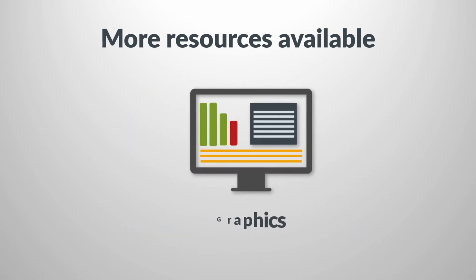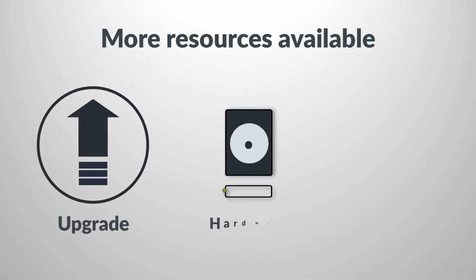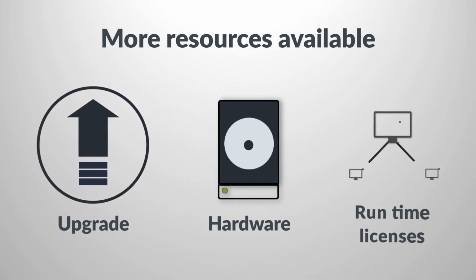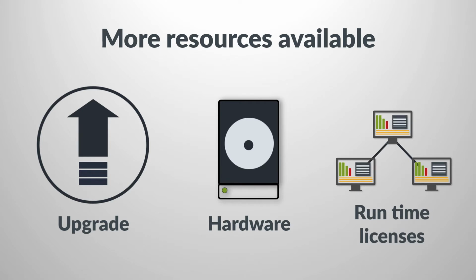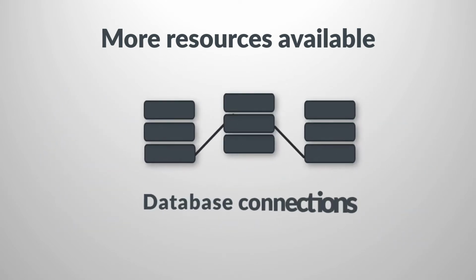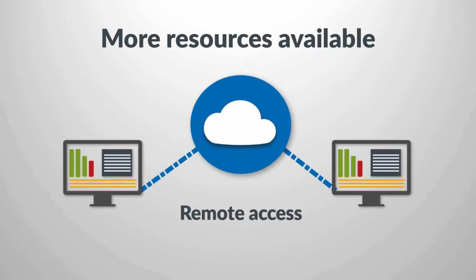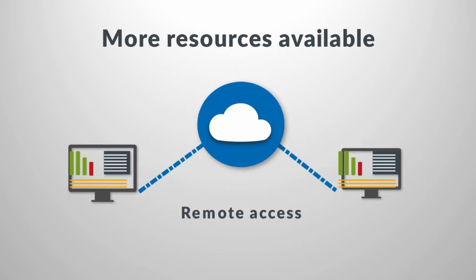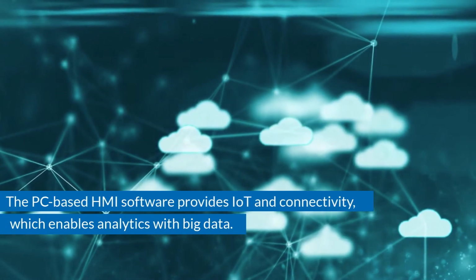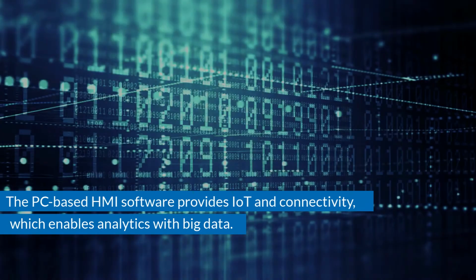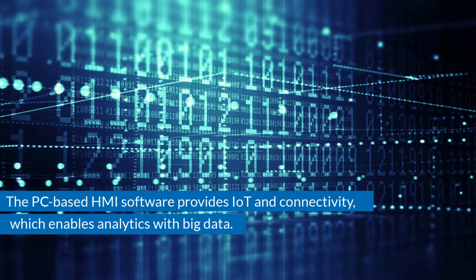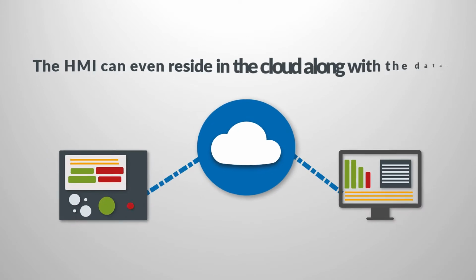If you need more, just upgrade, add to the hardware, or add PCs and runtime licenses. For the historian, database connections, reports, and remote access, the PC-based HMI software provides OIT and cloud connectivity, which enables analytics with big data. The HMI can even reside in the cloud along with the data.